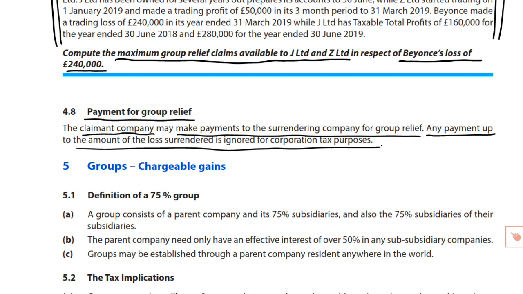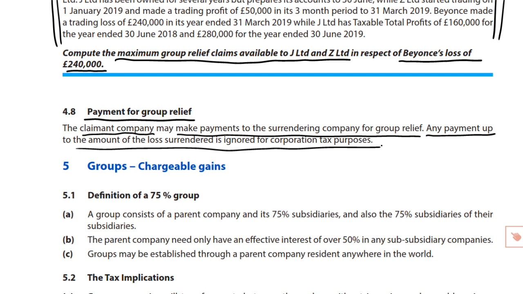It would pay back the benefit of that tax saving to the surrendering company, so the company that gave up the loss actually gets a cash benefit. The idea, of course, is not to disadvantage one company within the group while advantaging another. What we want is the best overall result for the group as a whole as compared to our dealings with HMRC. Now, a group can decide whether or not it wishes to make such payments. It doesn't have to. It's not compulsory. The group will decide.